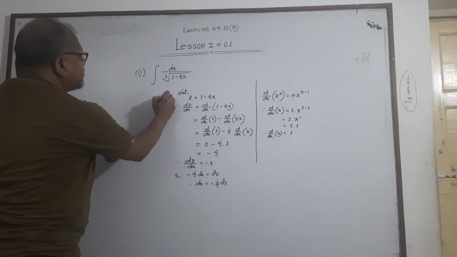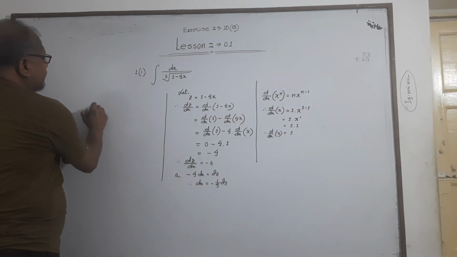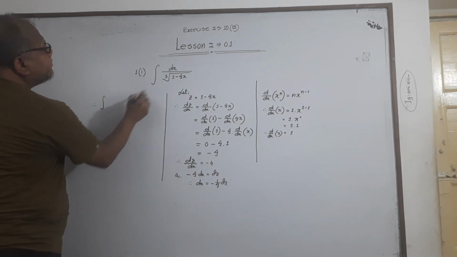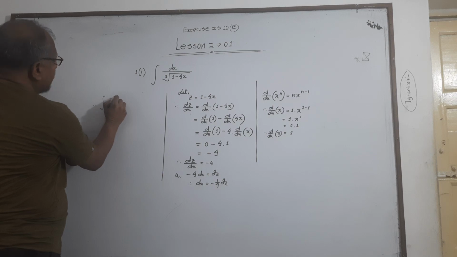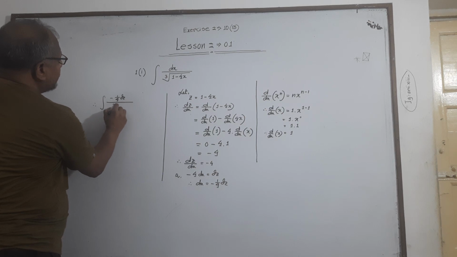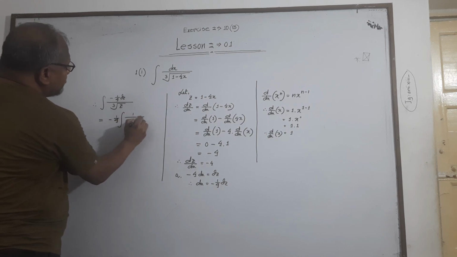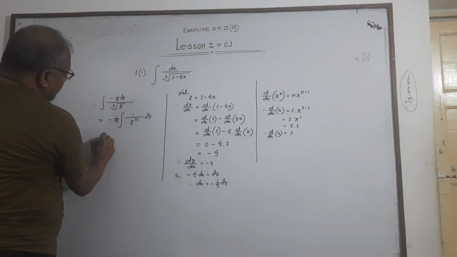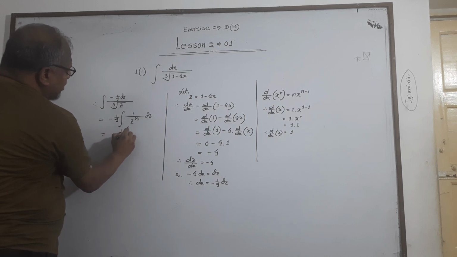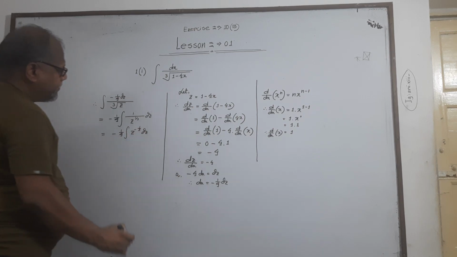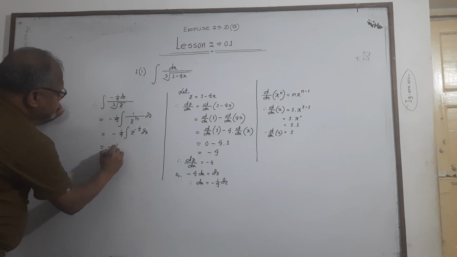Here I am going to start the integration. Therefore integration of minus 1 by 4 dz divided by cube root of z equals minus 1 by 4, which will come out of the integration sign, times integration of 1 by z to the power 1 by 3 dz, equal to minus 1 by 4 integration of z to the power minus 1 by 3 dz.